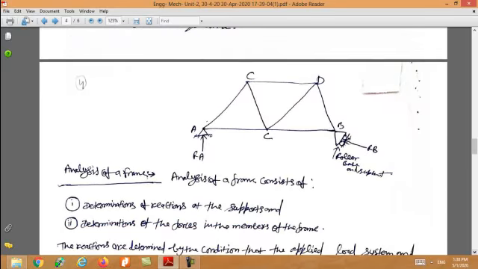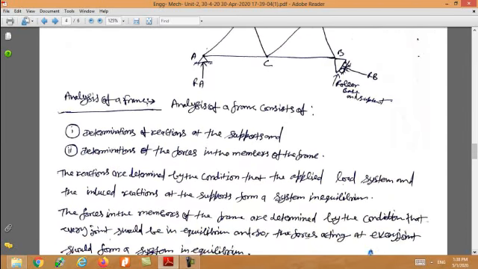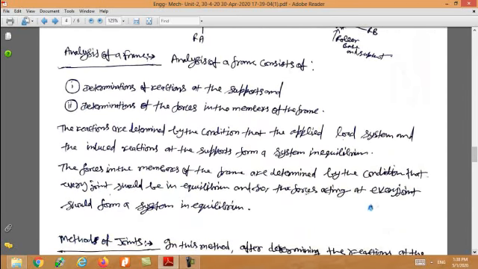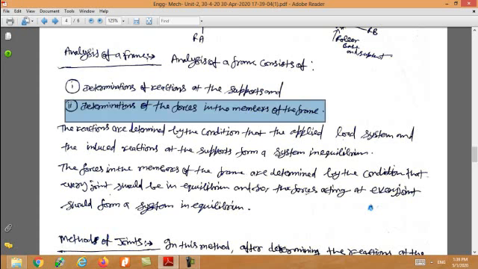So analysis of a frame consists of, first step, determination of the reactions at the supports. First we find the reactions at the supports, just RA and RB as in the shear force and bending moment diagram. Then determination of the forces in the members of the frame.